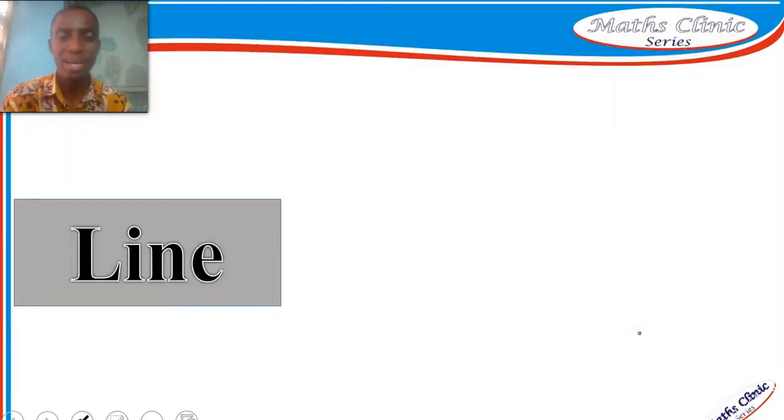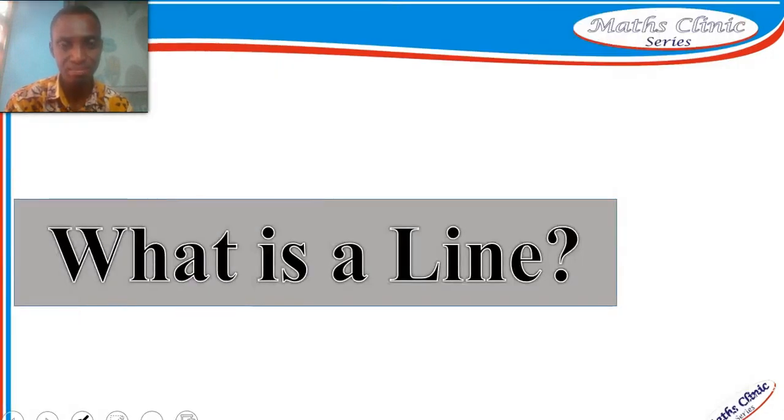Good. Now the last word we need to understand before we end this video is the word line. Because we are dealing with plane geometry, we are going to draw a whole lot of lines. So what is a line in the first place? Some people say a line is a distance between 2 points. Well, that is not enough to define a line.